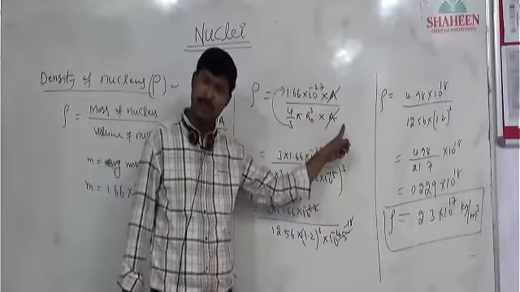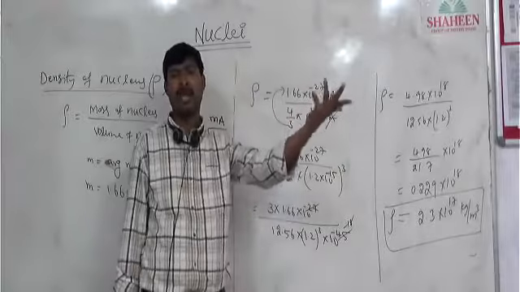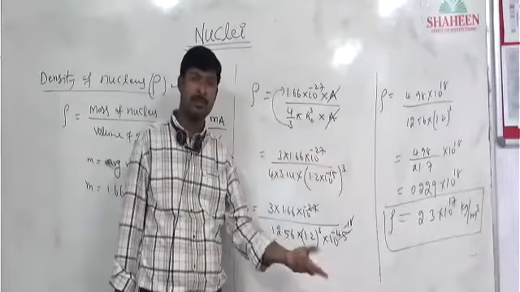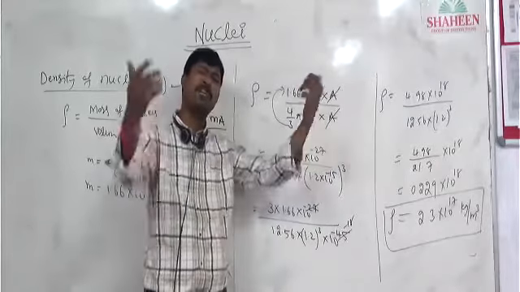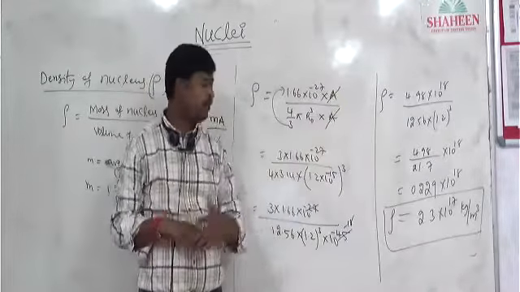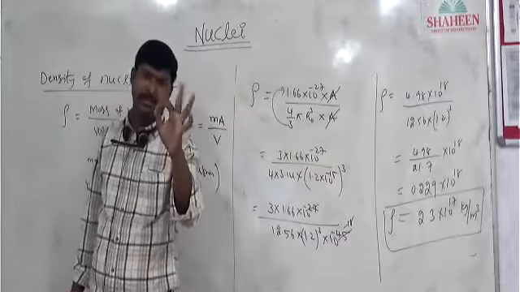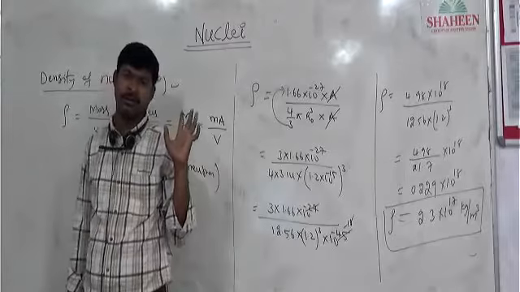Denominator volume is there, numerator mass is there. Mass is directly proportional to mass number and volume is also directly proportional to mass number. So numerator mass number, denominator mass number, it will cancel out, and finally we get a constant only. Is this point clear, everyone? Yes or no? Clear?